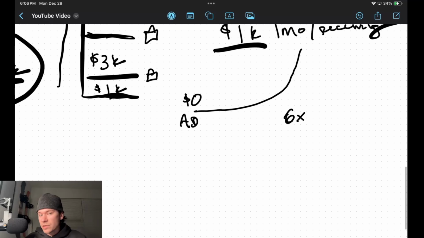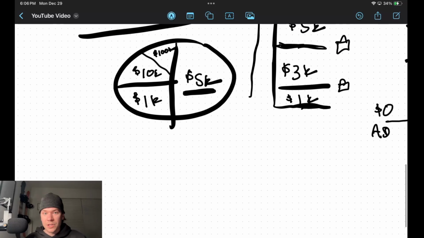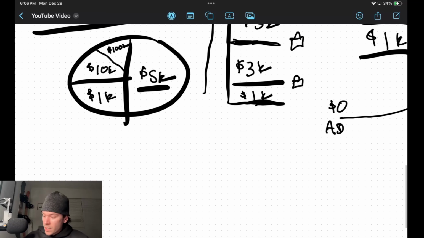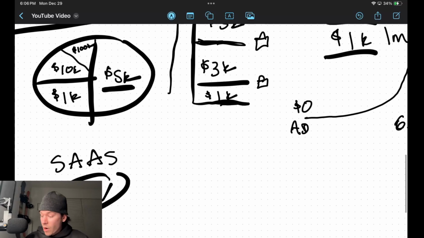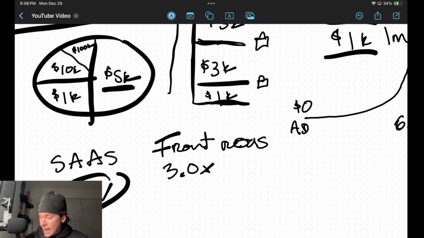And it's a common thing that's used in the software business, which I also find interesting that most people don't talk about. The reason that a SaaS company can dump so much into ads is because they are focused on the LTV. And it's why they take on so much money. Because ironically enough, as much as people are focused on the front end ROAS of being like a 1.0 or a 3.0, in SaaS, it's typically around a 0.6.